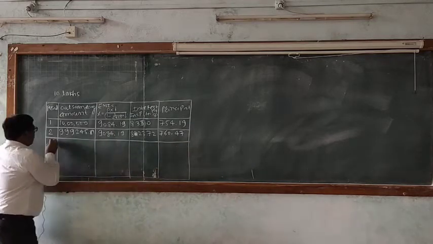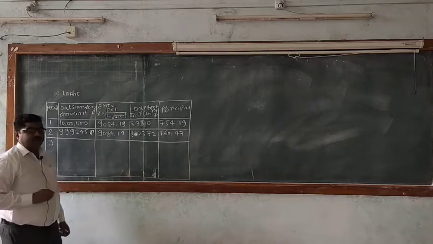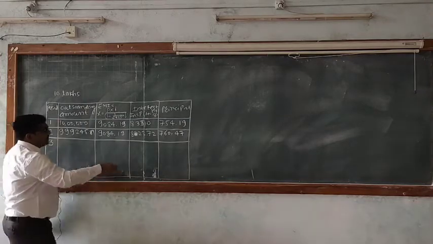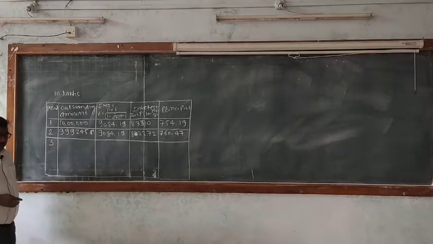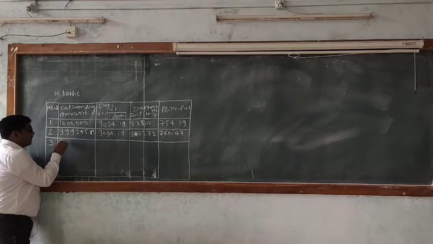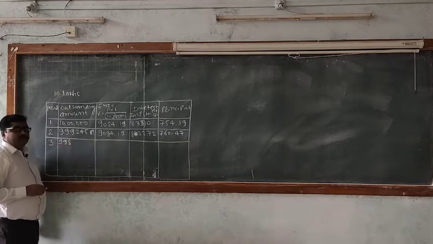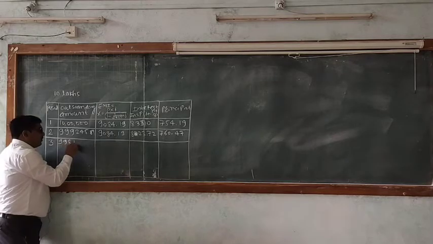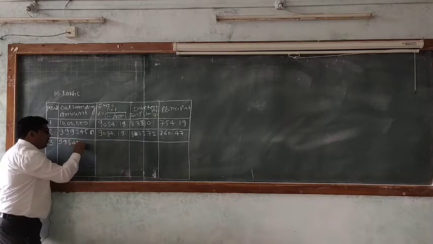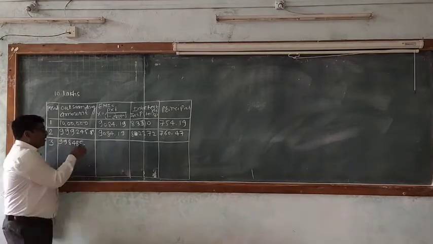Then third periodic installment. Again this principal is subtracted from this one, then 9,98,485.34.